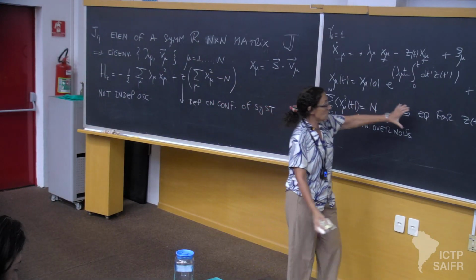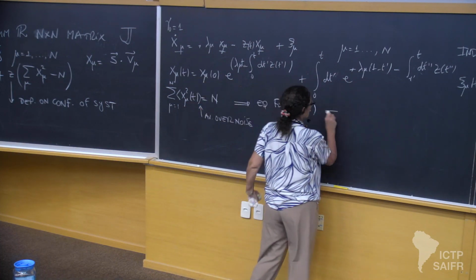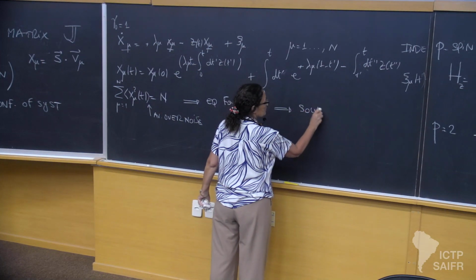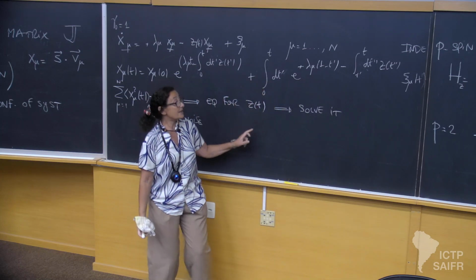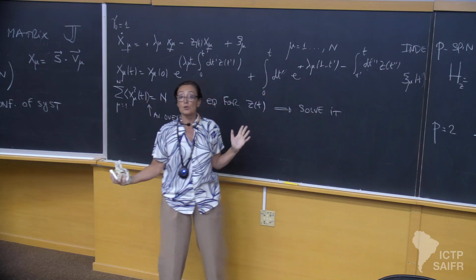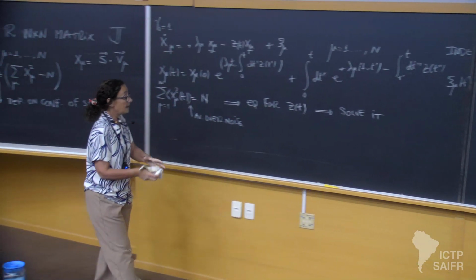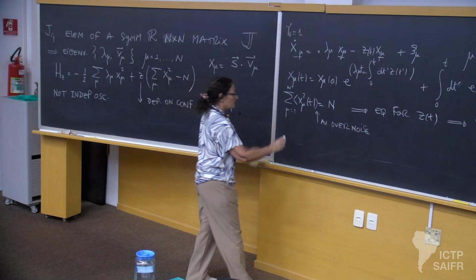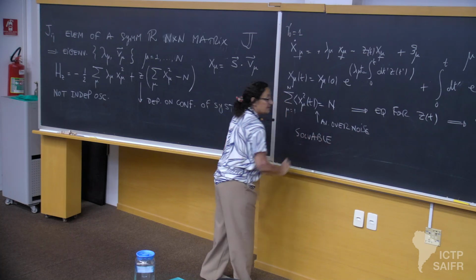So you get a closed equation for z of t, and you solve it. So you get the time dependence of the z of t that then you plug in there, and then you have the full solution of your problem. OK? So this is completely solvable directly from looking at the Langevin equation.